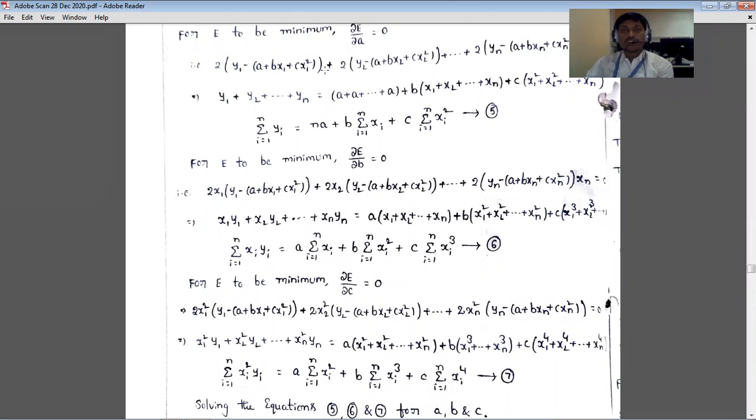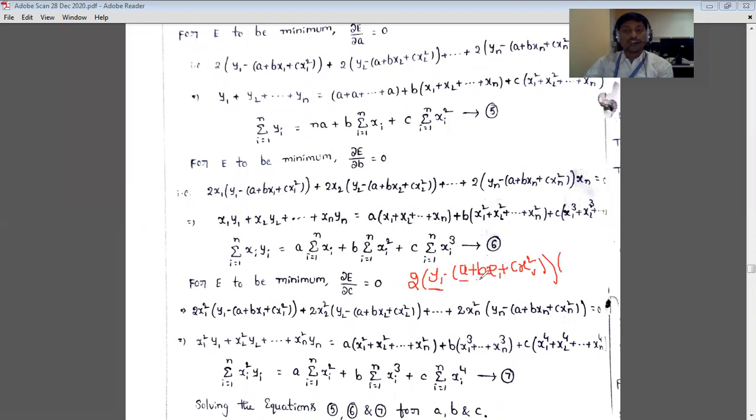Next one, with respect to c. Again, first we apply the derivative for that. What we'll get: 2 into y1 minus of a plus bx1 plus cx1 square, and here it is having whole power 2 minus 1, which is nothing but 1. This becomes 0, this also becomes 0, and this one also becomes 0.